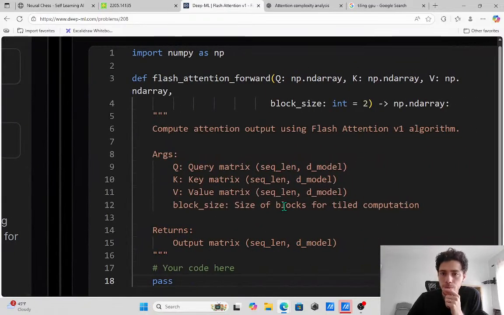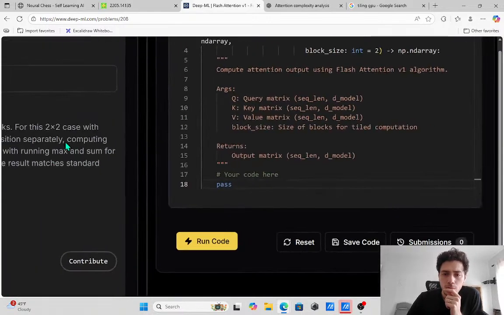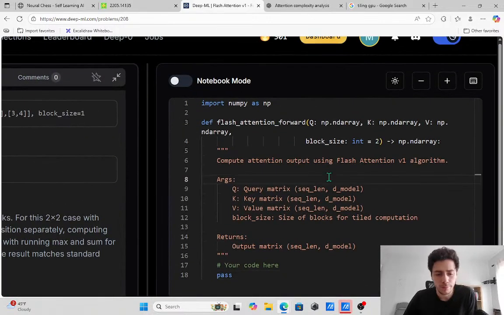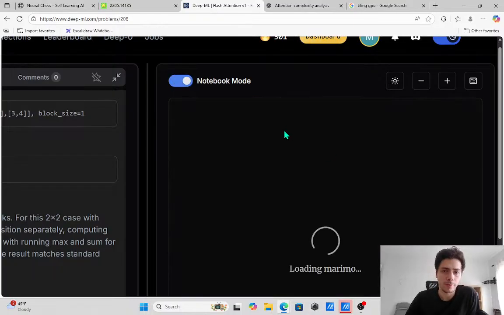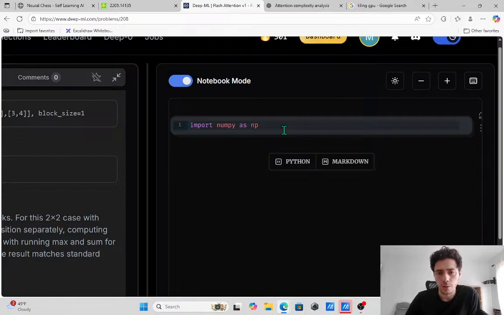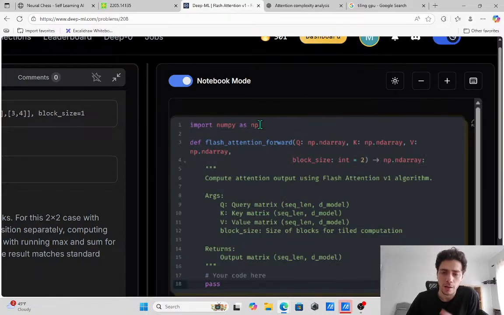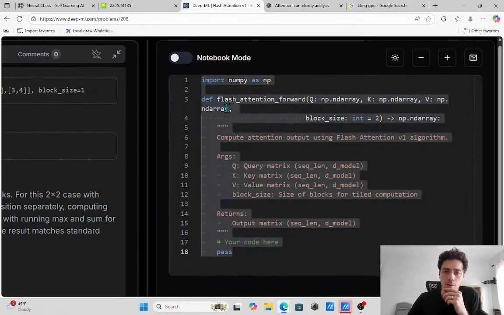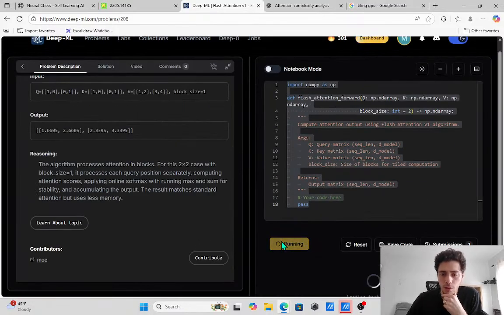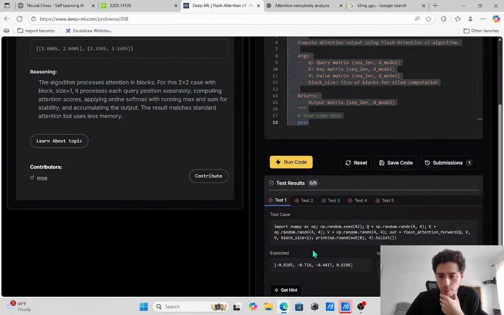Soon we're going to work on making this better with the notebook feature, so it'll have some starter code and maybe a test case. Right now I want one of these with a test case so I can play around with it.